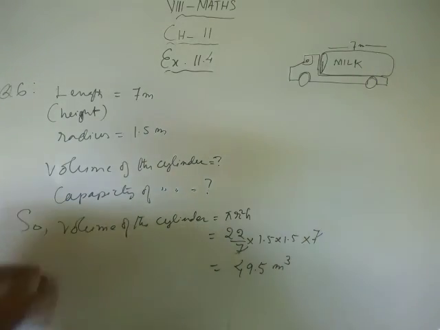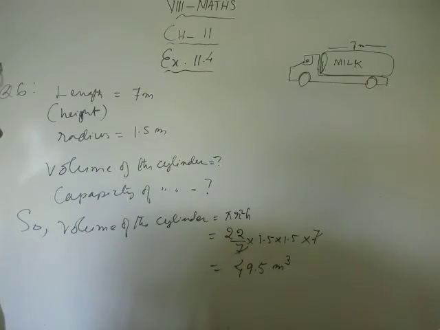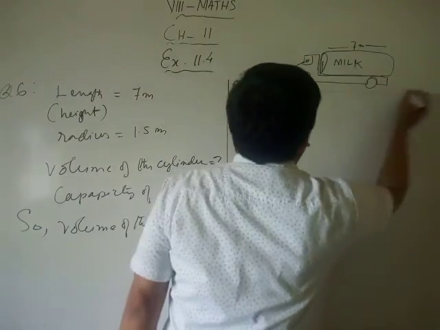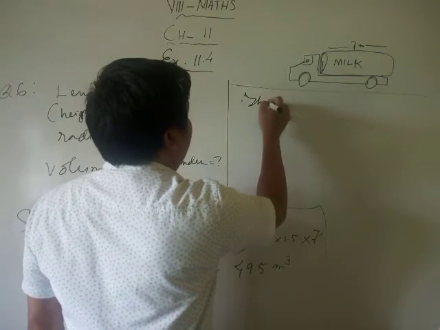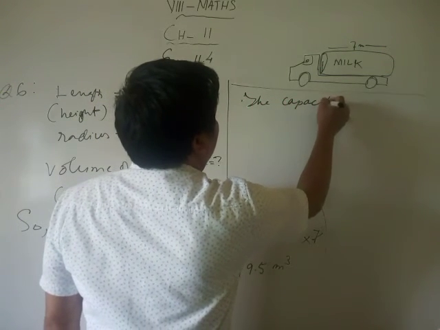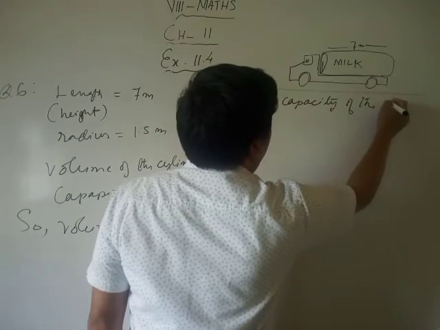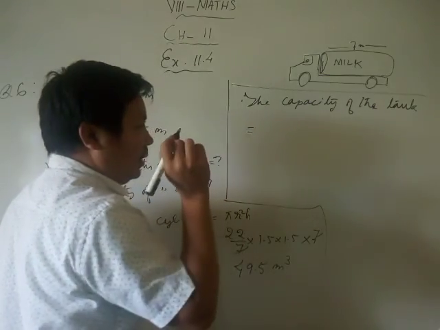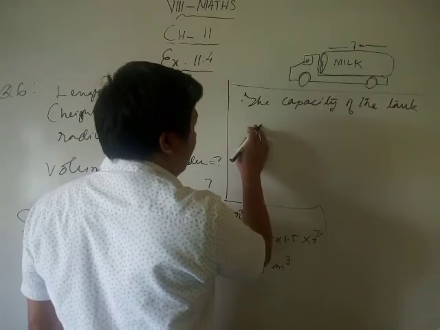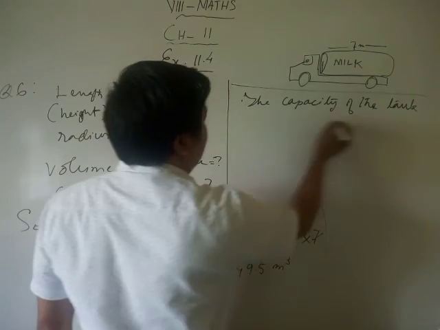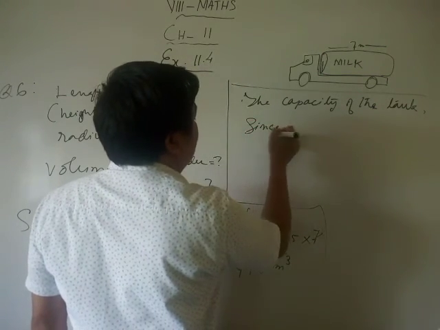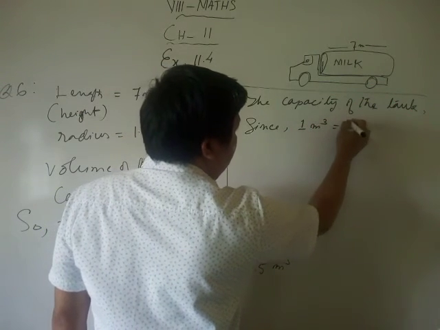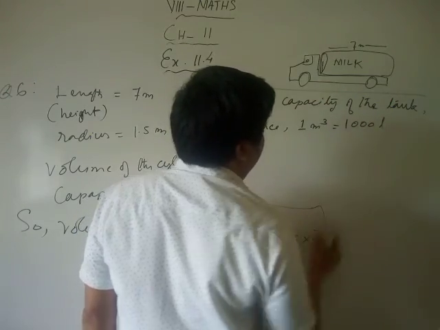So for capacity, we need to convert it to liter. The capacity of the tank will be, you know that 1 meter cube is equal to 1000 liter.